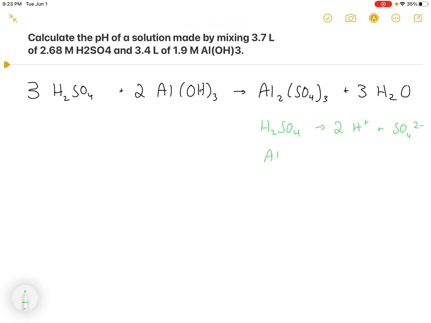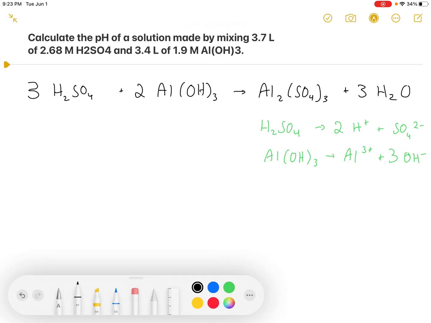And then the aluminum hydroxide will dissociate into 1 aluminum 3 plus, again, the charges are from the common ionic states of the elements, and 3 OH minus. So just keep that in mind. There's not a one-to-one ratio in this example. There are 3 hydroxides for the base, and there are 2 hydrogens from the acid. So that'll come into play later.